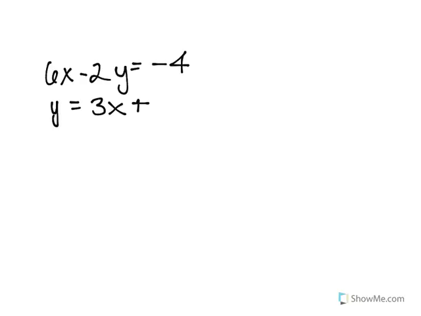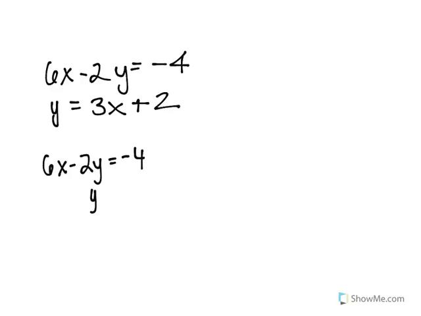Let's do one more example, okay? In this example, we have 6x minus 2y equals -4. And then we have y equals 3x plus 2. Okay? So I want to get my x's, my y's, and my constants all under one another. So I have 6x minus 2y equals -4.